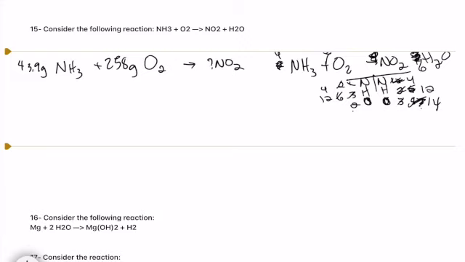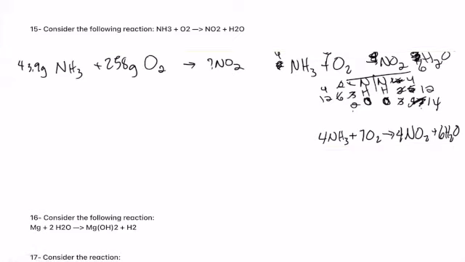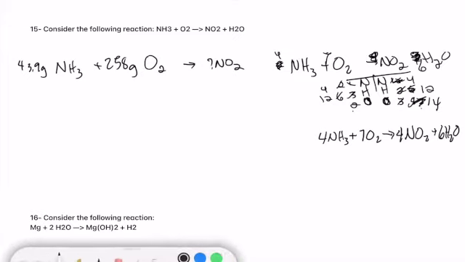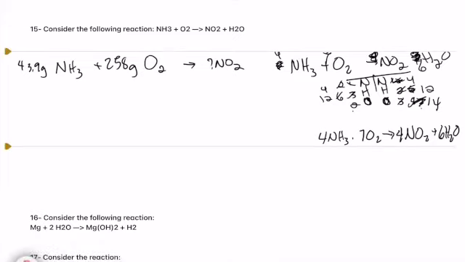So 4, 7, 4, 6 are my coefficients. And I'll rewrite that here. So here's my balanced equation. 4NH3 plus 7O2 reacts to form 4NO2 plus 6H2O.